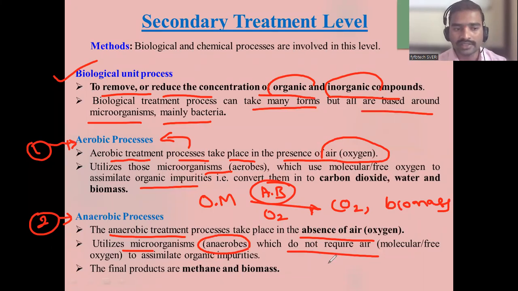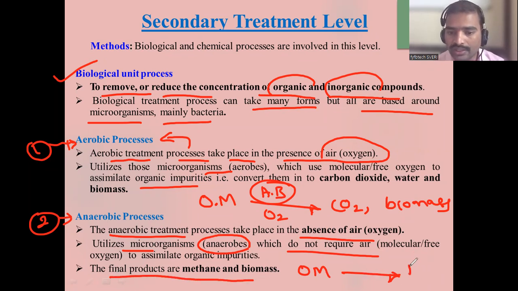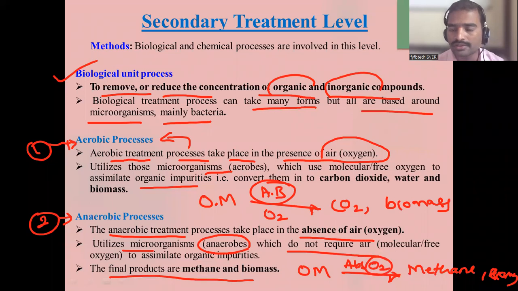To assimilate organic impurities, this organic matter is converted, and the final products are methane and biomass. This is in the absence of oxygen. Clear?